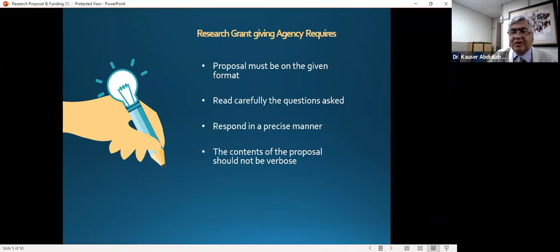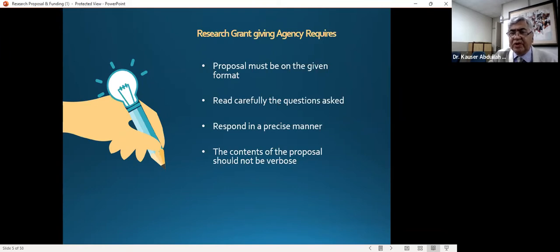I keep on hammering on this issue that you should avoid all the verbosity. It should be very succinct and precise, and read carefully the questions asked and respond in a precise manner. This is very important.